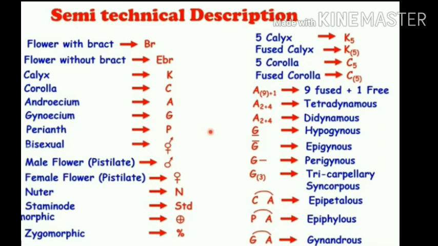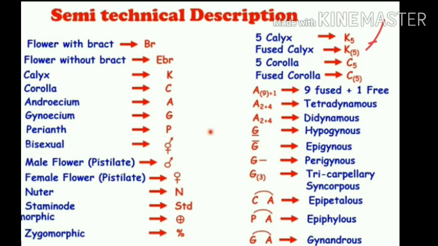If a flower consists of 5 calyx, then we will represent that flower as K5, which I show you in the upper part. If those 5 calyx are in fused condition, then we represent it with brackets. Have a look here and know the difference between the first one and the second one.